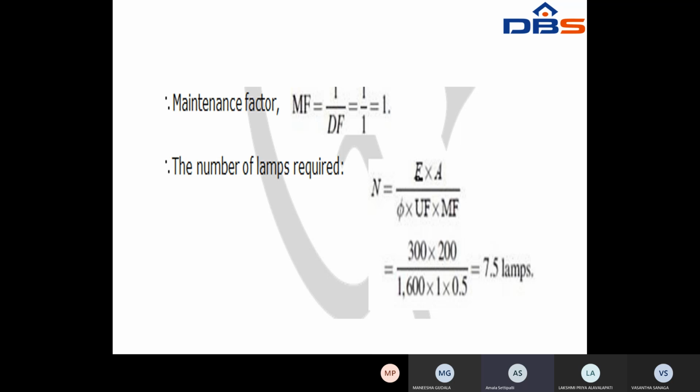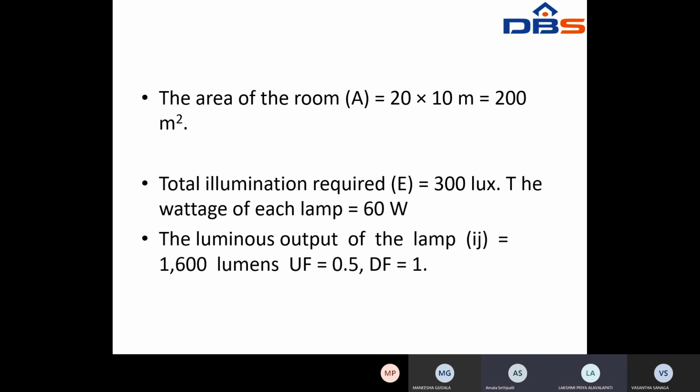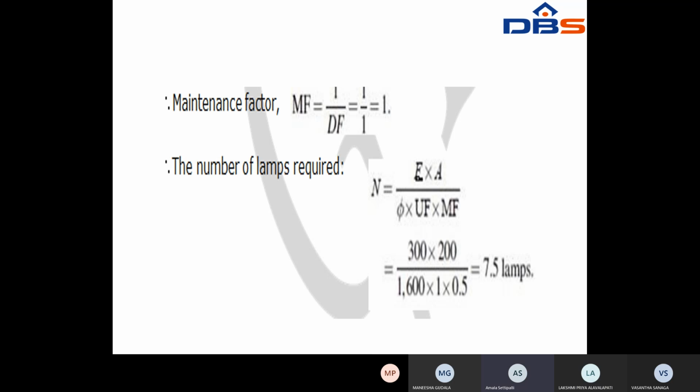So the total lamps required: the formula, as discussed in the point to point method, is N equal to E into A divided by phi into UF into MF. That is illumination, area, total flux output, utilization factor, maintenance factor. Now E value will be 300, A value will be 200, phi value will be 1600, UF value will be 0.5, MF value will be 1. Calculating, you get 7.5.